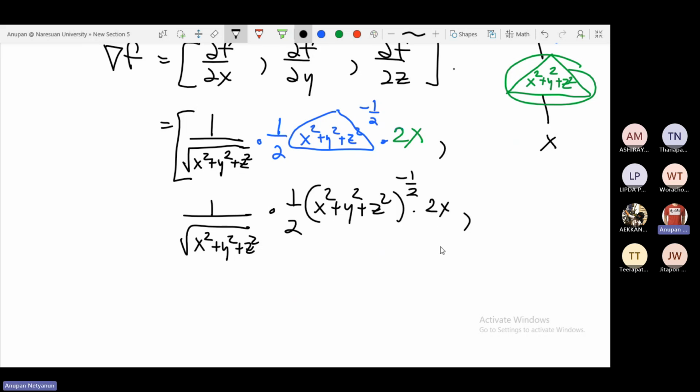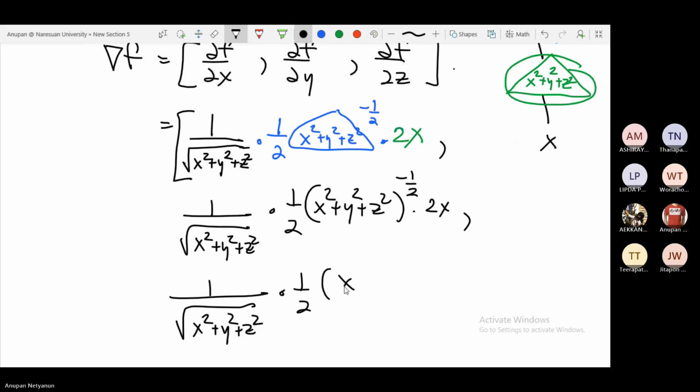And then finally, for this, you have 1 over square root of x squared plus y squared plus z squared times 1/2, to the negative 1/2, 2y, sorry. Right? We take derivative with respect to y. These two are constant. Now, this one you have to the negative 1/2, 2z.